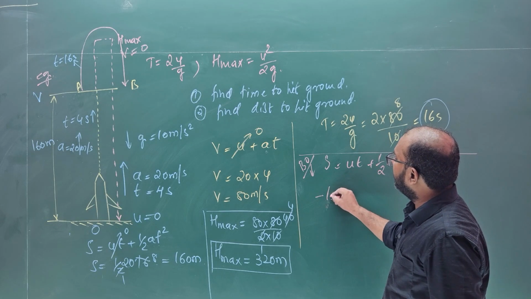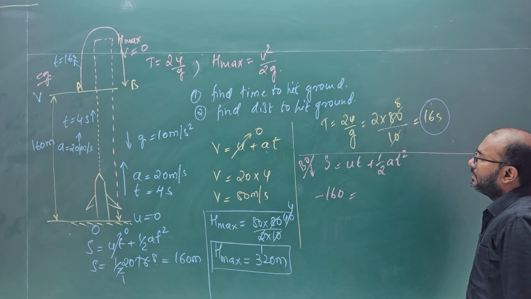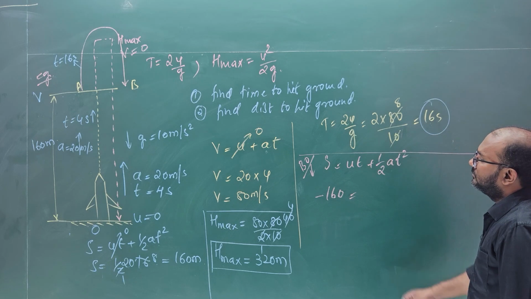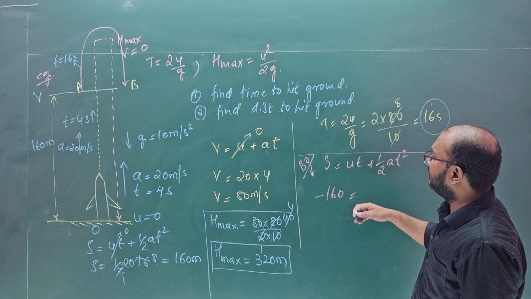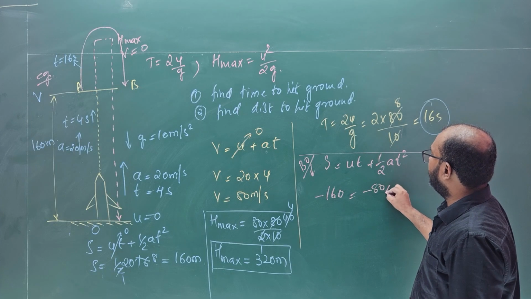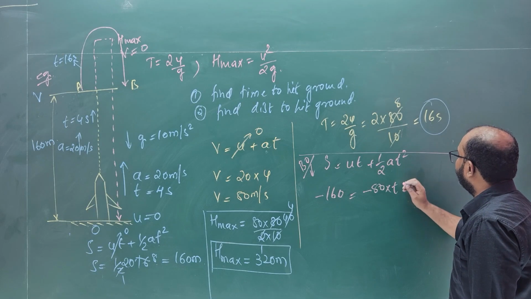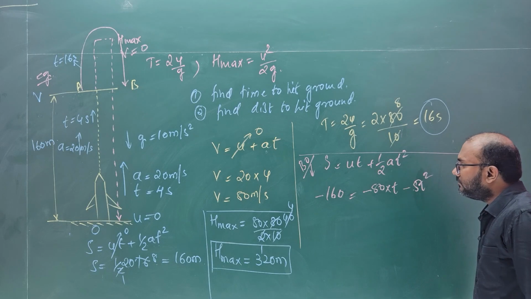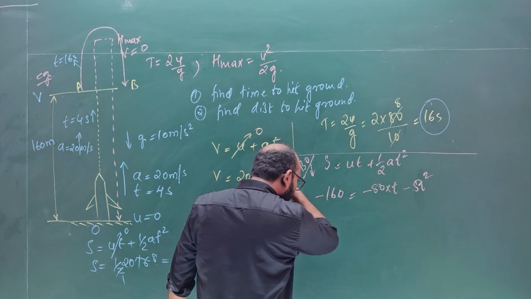S we already know that is 160. So can I say that minus of 160 is equal to ut? U is how much? Initial velocity, beta, at that point in the downward direction, and that value is minus 80, na. So minus 80 into time, we don't know, minus half, or can I write 5t square? Yes or no? Can I reshuffle that and also calculate the time period?